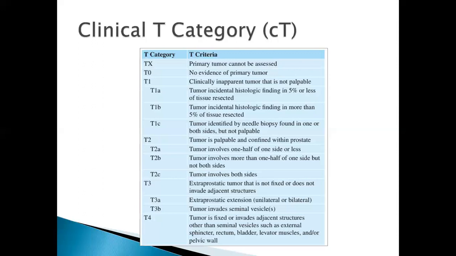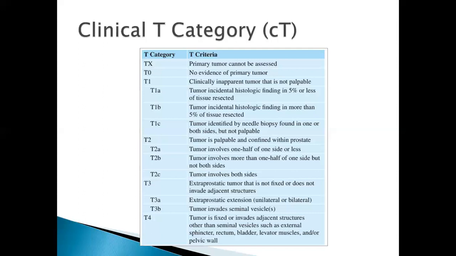Now, if the patient has a normal DRE, okay, but the biopsy shows that whether it's on one side or both sides that the biopsy is positive, then this is the subcategory that we're going to use, okay? So if a patient has a negative DRE, but their biopsy is positive, this is what you're going to assign, okay?